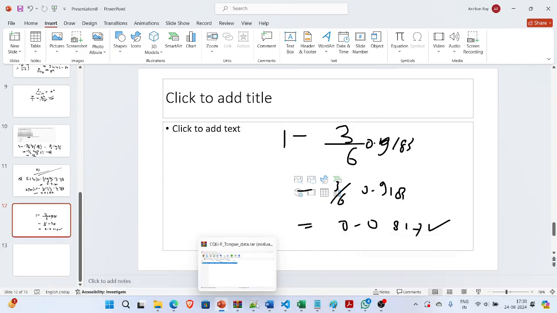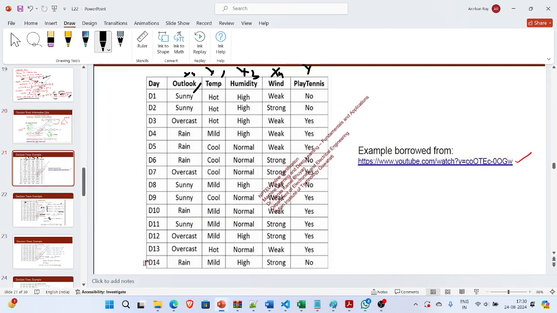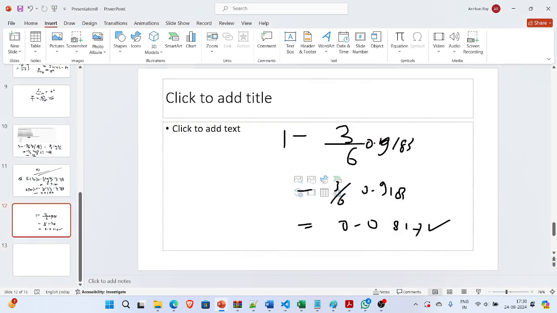As you can see, this ratio is important. How many total samples? That is 6 in our case, and how many true samples? That is 3 in our case. That is what I have used, this ratio, 3 by 6, 3 by 6.